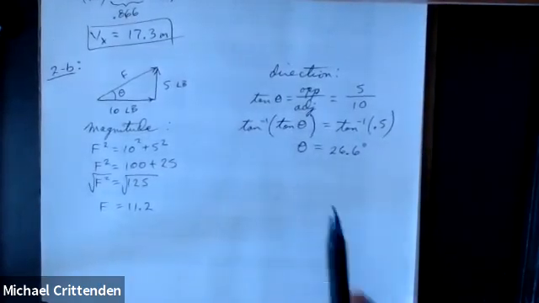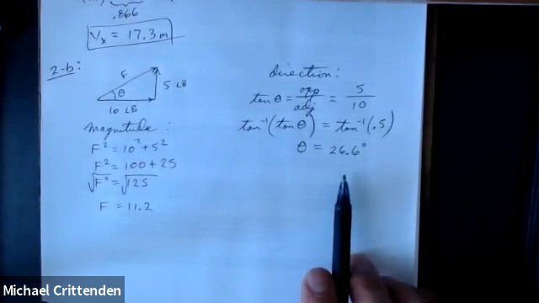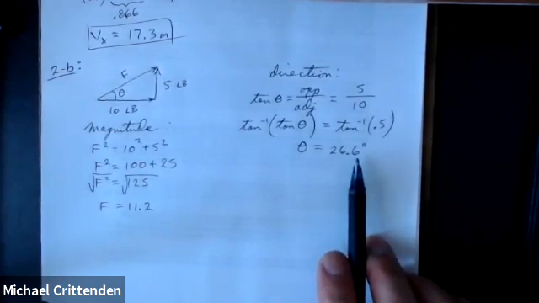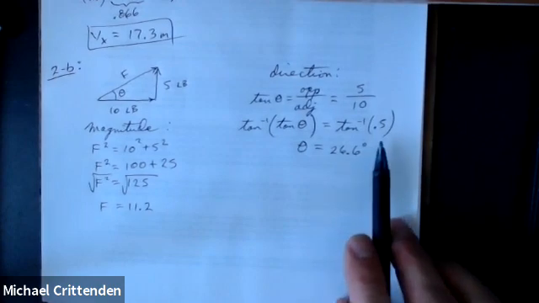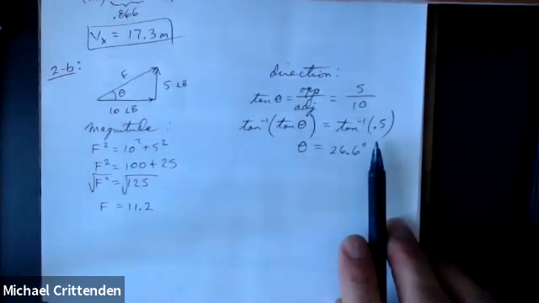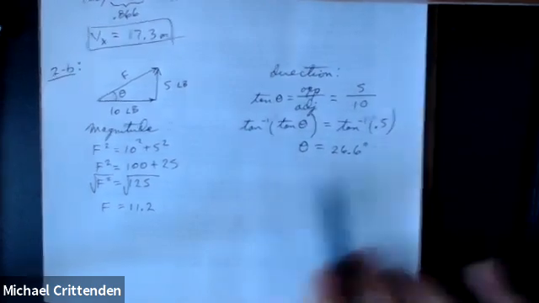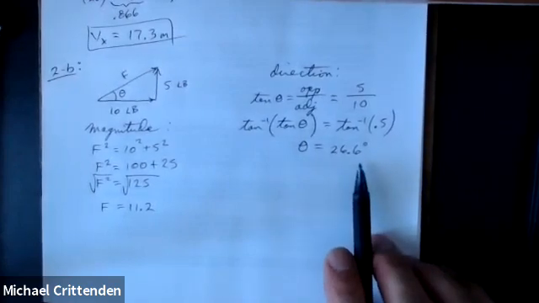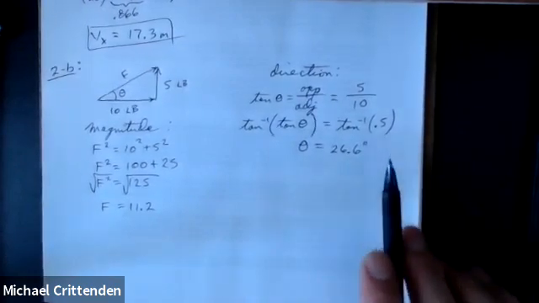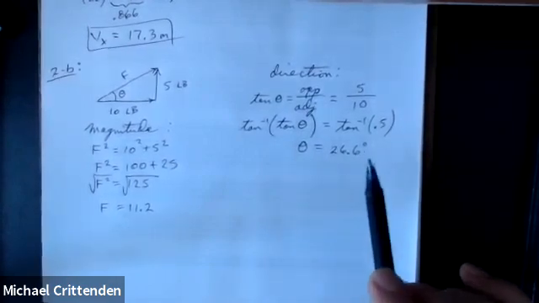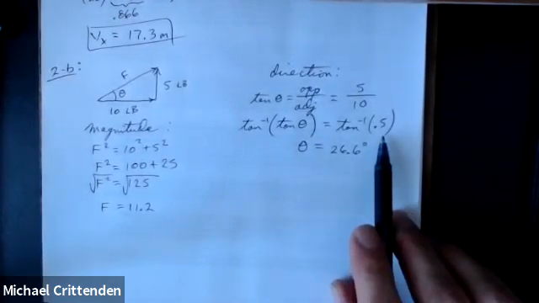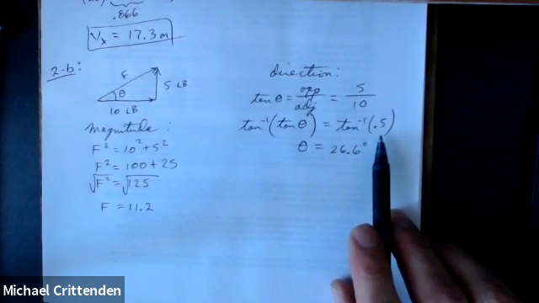Another pitfall is that some calculators by default are in degree mode, others are not. And you might end up accidentally calculating the inverse tangent of half of a radian, or you might give me the angle in radians. The inverse tangent of 0.5 is probably somewhere around half a radian, maybe a little bit less, 0.4 something, or maybe it's a little more.